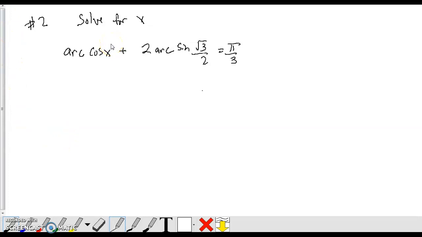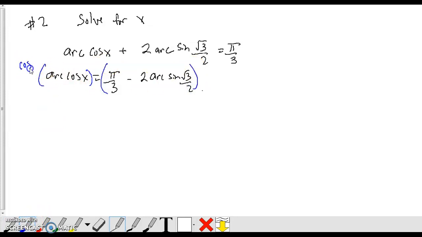Okay, so the first thing that we should have done is moved the 2 arc sine to the other side. So arc cosine of x is pi over 3 minus 2 arc sine of root 3 over 2. And then we are going to apply the inverse to both sides, so cosine and cosine.